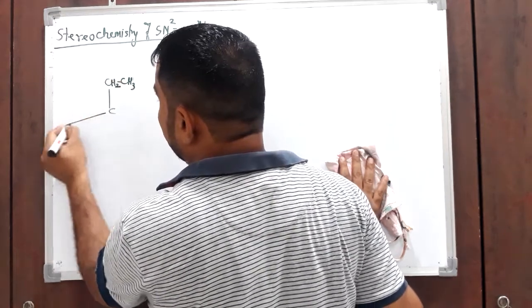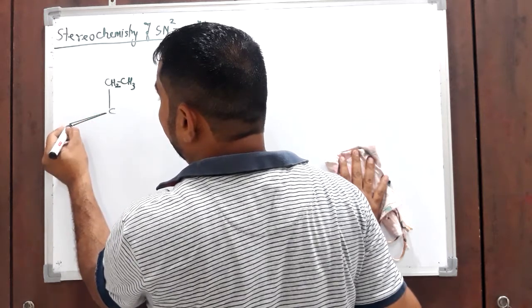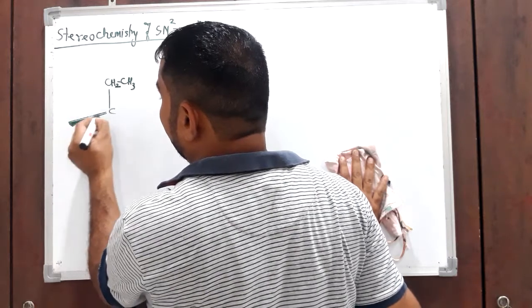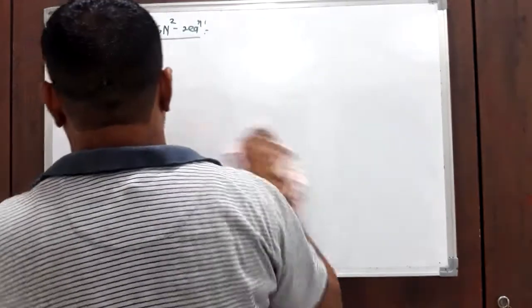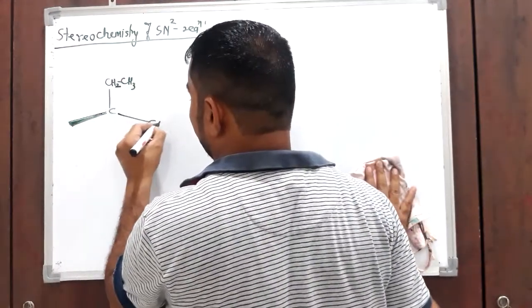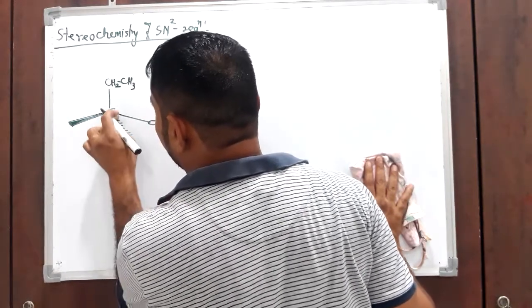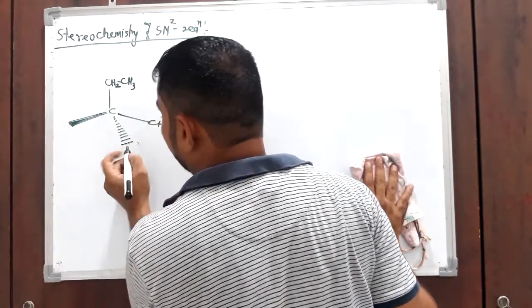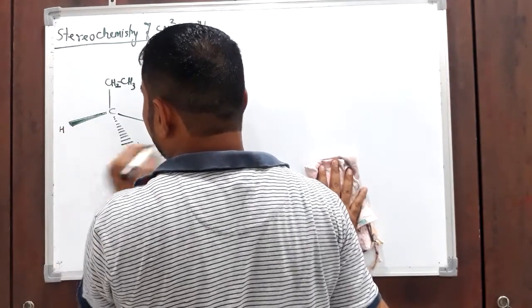CH2CH3, H and Br minus. Okay, so this is the alkyl halide molecule.